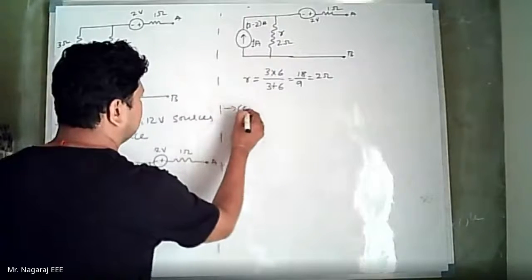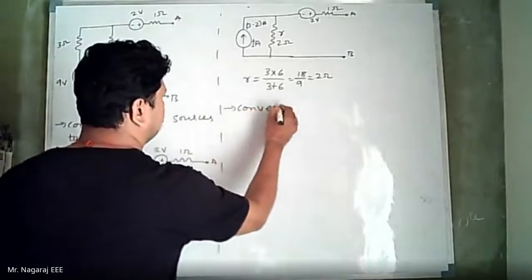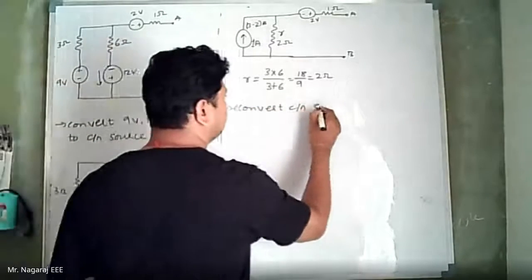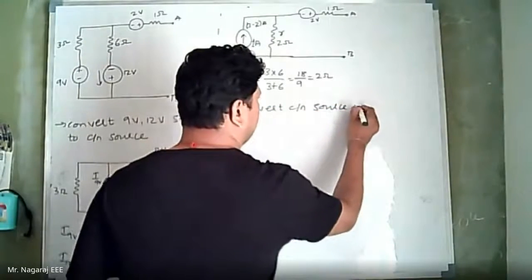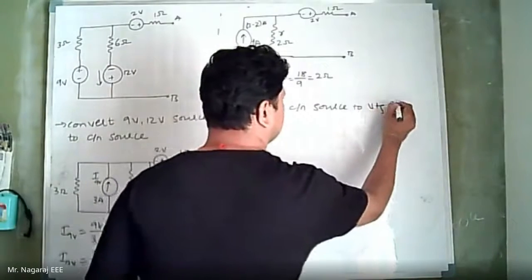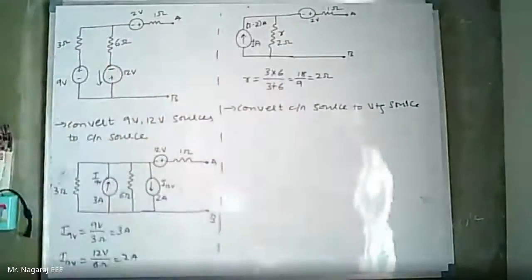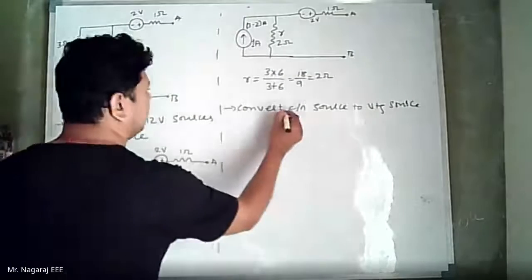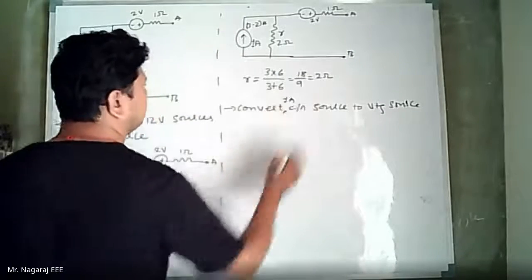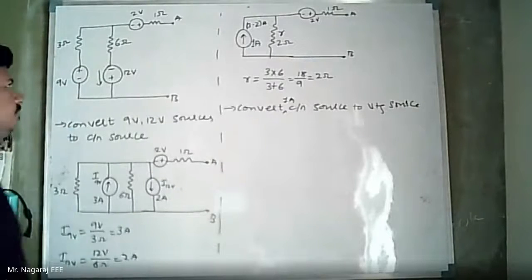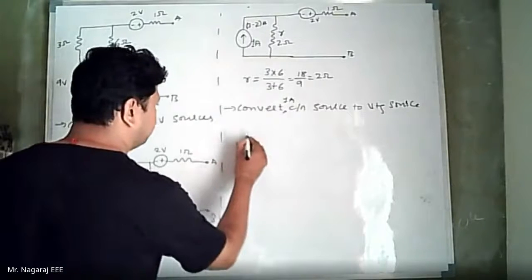Now convert the current source to a voltage source, because there is only one current source. If you want, you can mention: convert the 1 ampere current source to a voltage source. That's it. So I can do that.